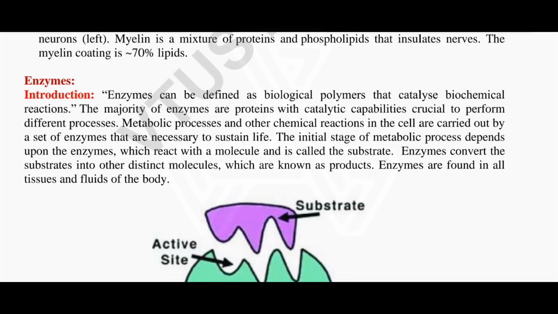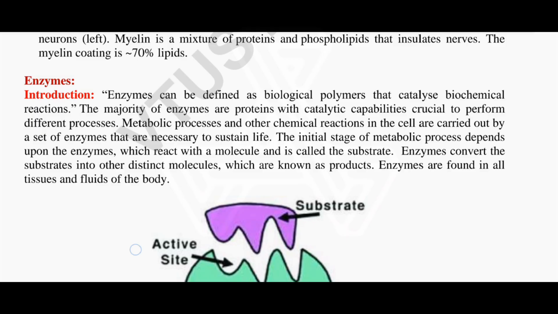Enzymes. Enzymes can be defined as biological polymers that catalyze biochemical reactions. The majority of enzymes are proteins with catalytic capabilities, crucial to perform different metabolic processes. Metabolic processes and other chemical reactions in the cells are carried out by a set of enzymes that are necessary to sustain life.